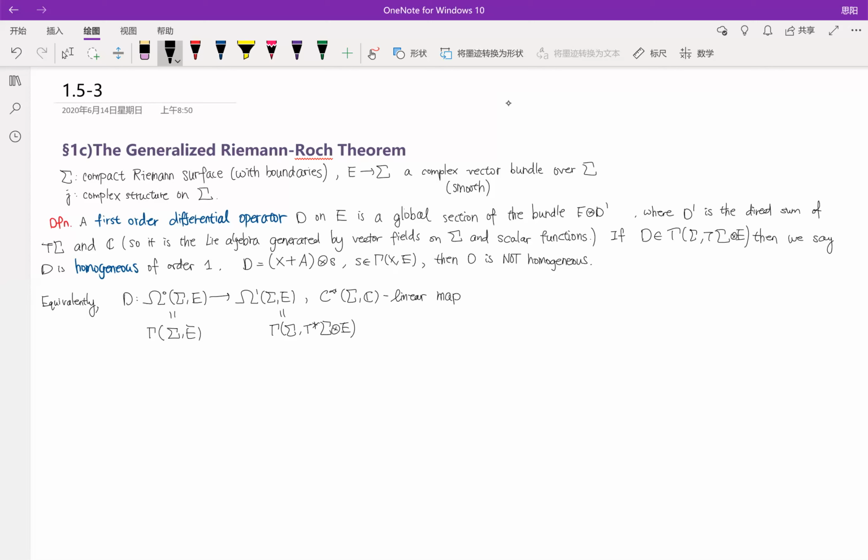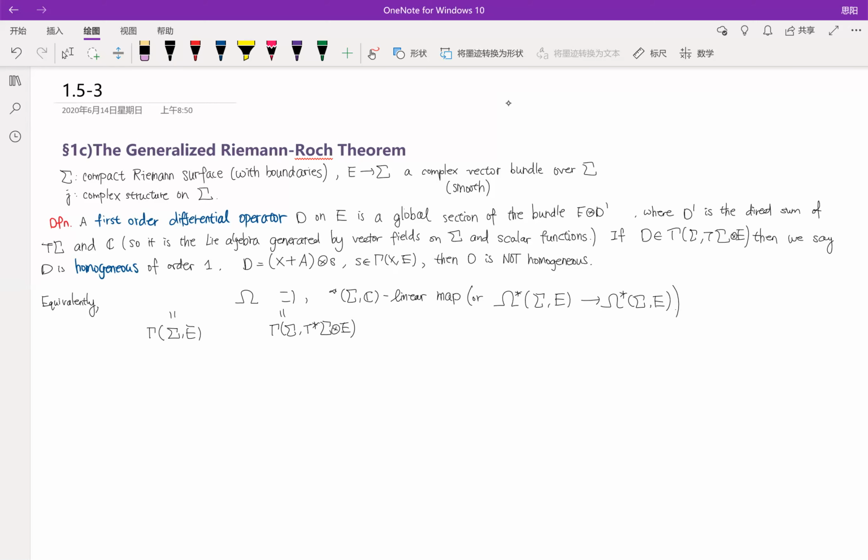It is just a C infinity linear map that maps omega 0 to omega 1, or we say it maps omega star to omega star, the direct sum of all of the differential forms on E. Actually it is not omega 0 to omega 1; that is only true when it is homogeneous.